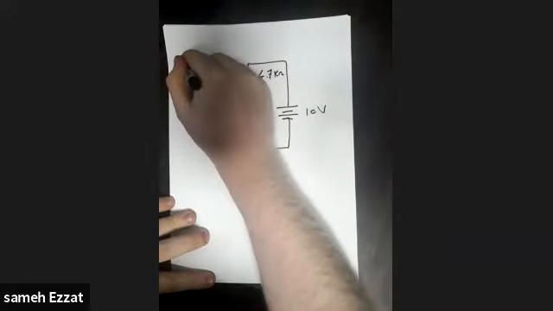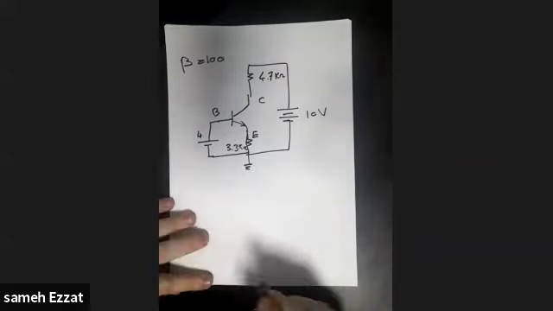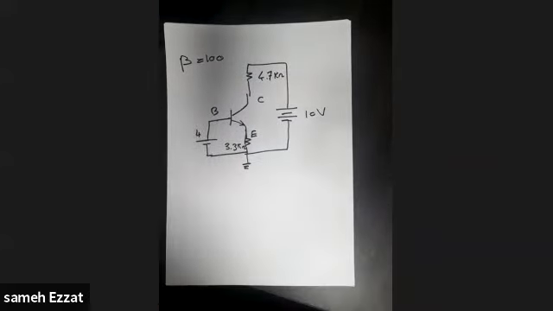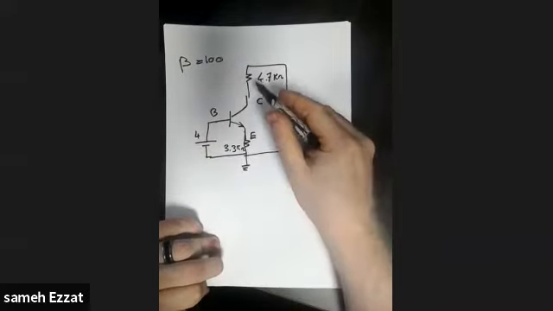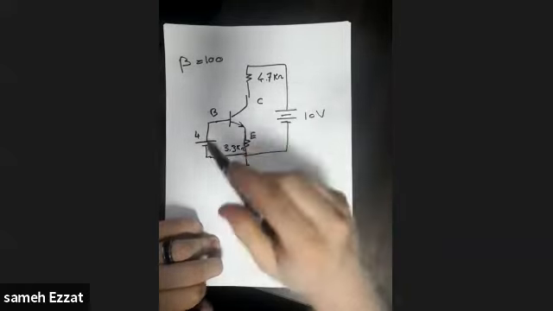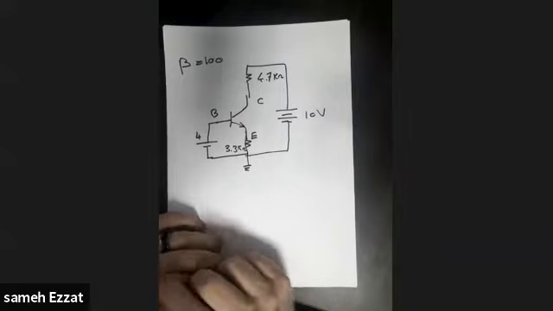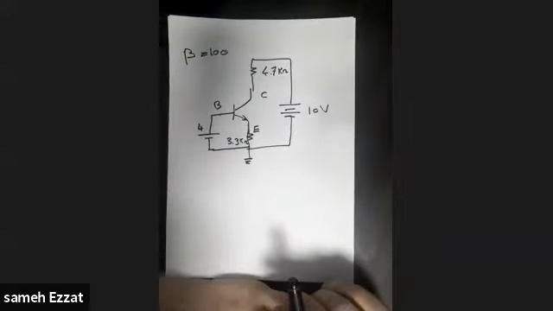As given, beta is equal to 100. What is required is to calculate all voltages and currents in this circuit. I mean, we should calculate the base current, the collector current, the emitter current, VBE, VCE, all voltages and currents in this circuit. So now let's start solving this problem.